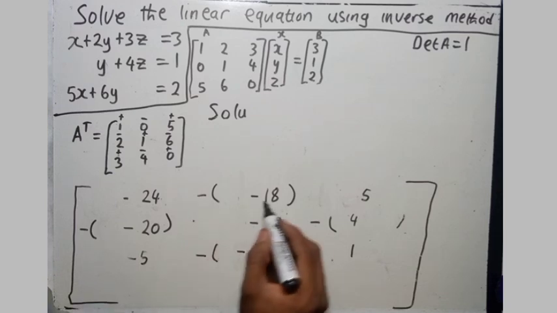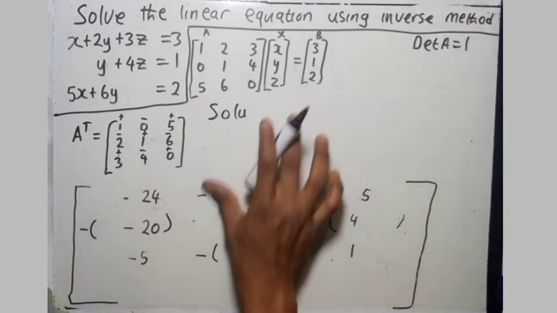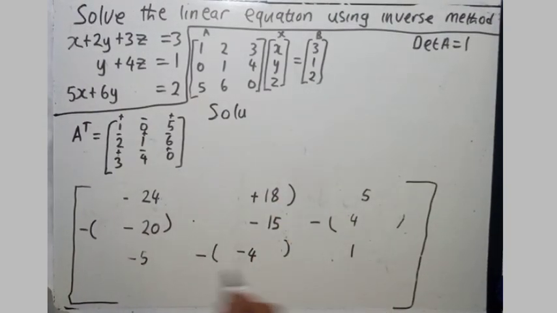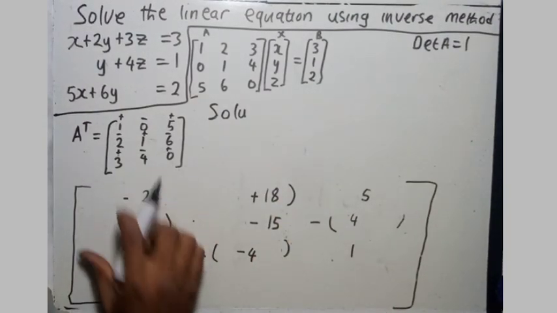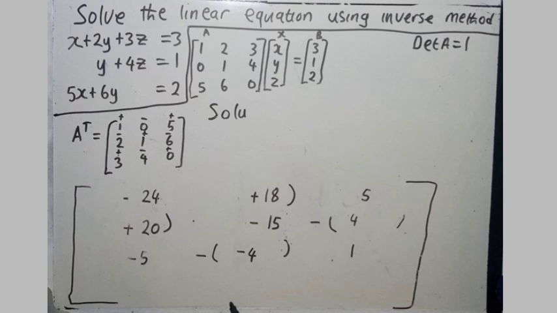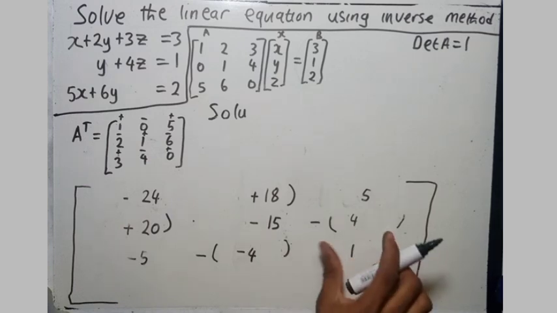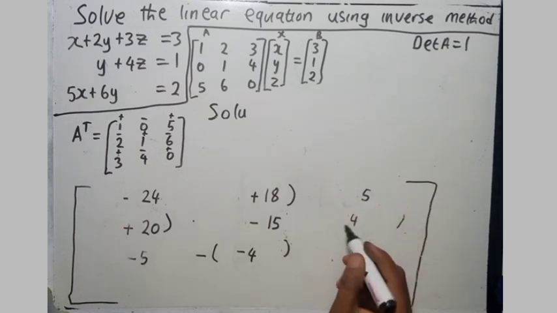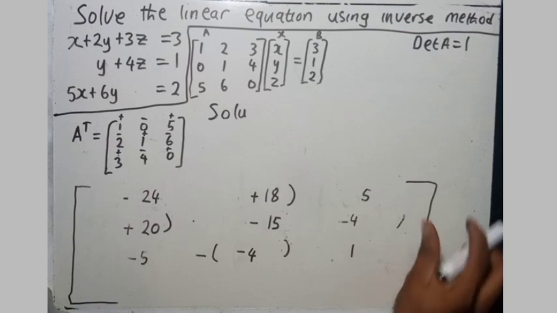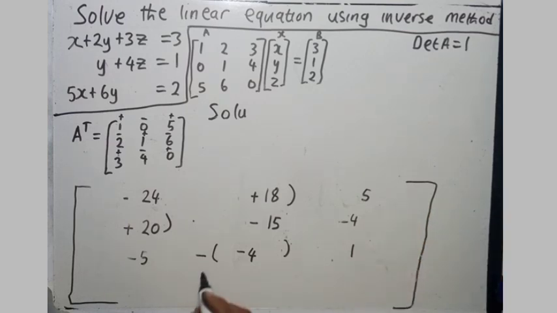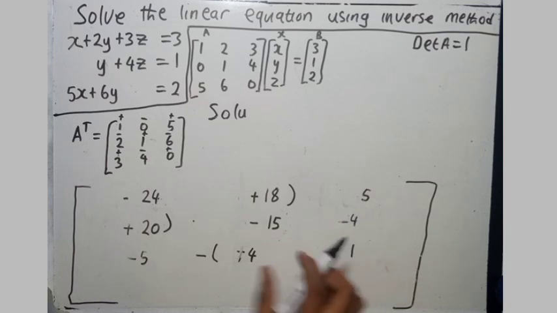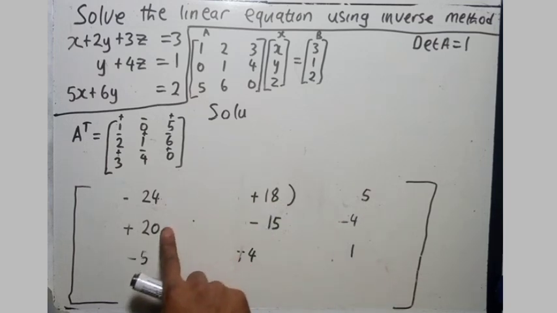So this is minus times minus, which is what? Plus. Minus times minus, which is what? Plus. Minus times plus, which is what? Minus. Then minus times minus is what? Plus. So this is our matrix.